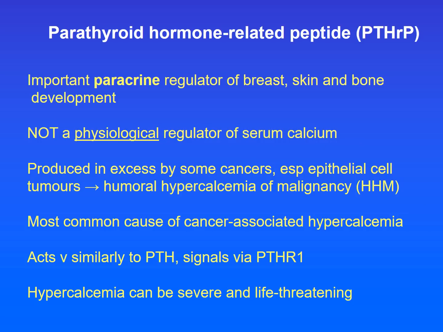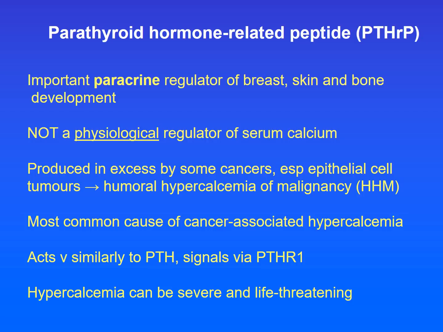The other player that you need to know about is a paracrine hormone called parathyroid hormone related peptide, or PTHrP. And in physiology, that's an important paracrine, that is a hormone that's acting at the tissue level, not as a circulating or endocrine hormone.